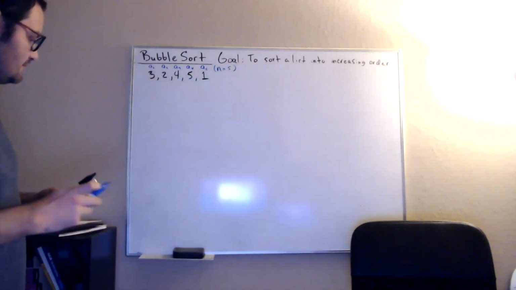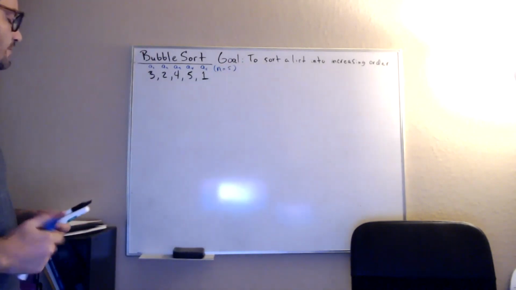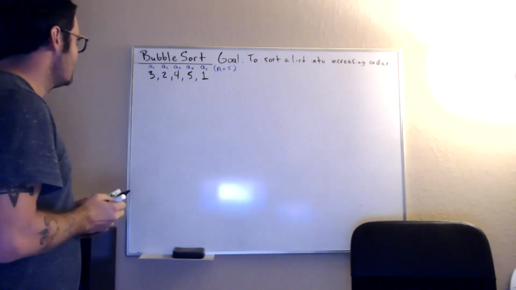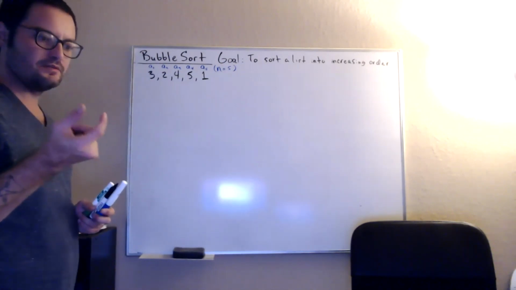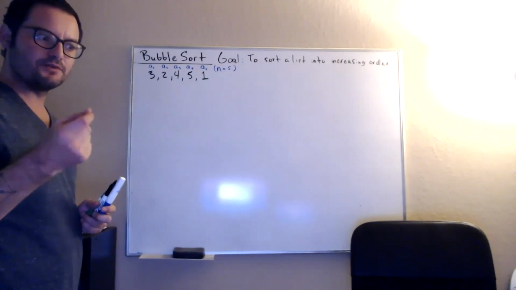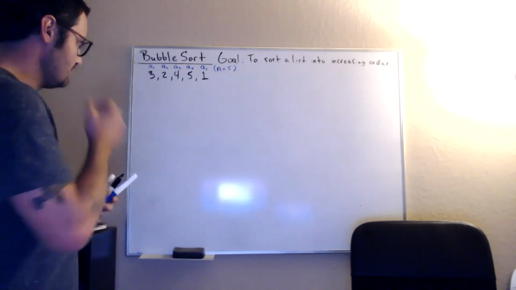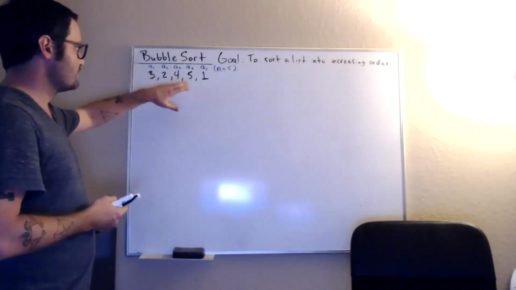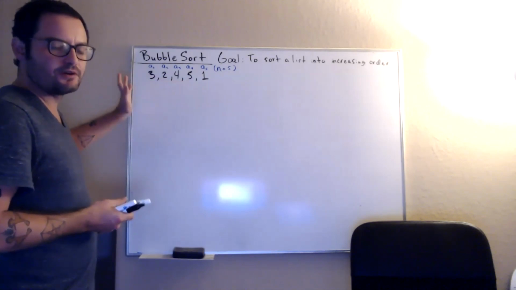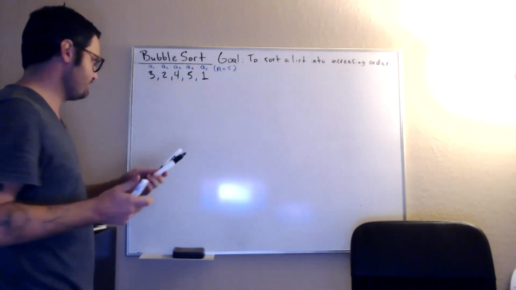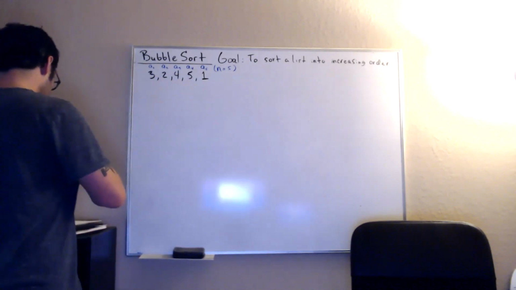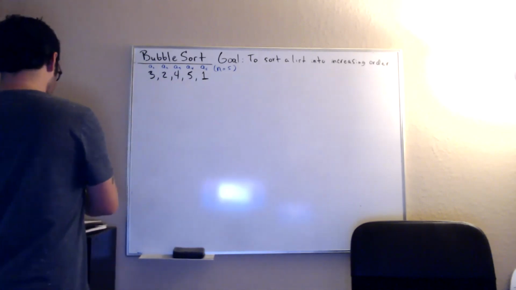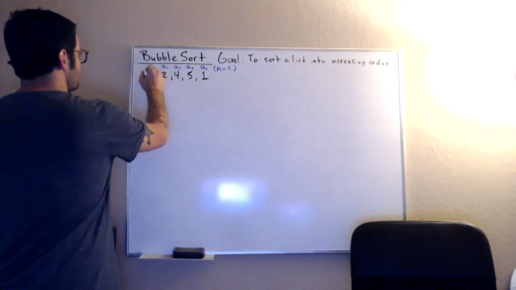There's 5 things on our list. So the way that this works is by comparing neighbors in the list to see if one is bigger than the other. And the general idea is that the smaller numbers you want to push to the front and the larger numbers you want to push to the back.